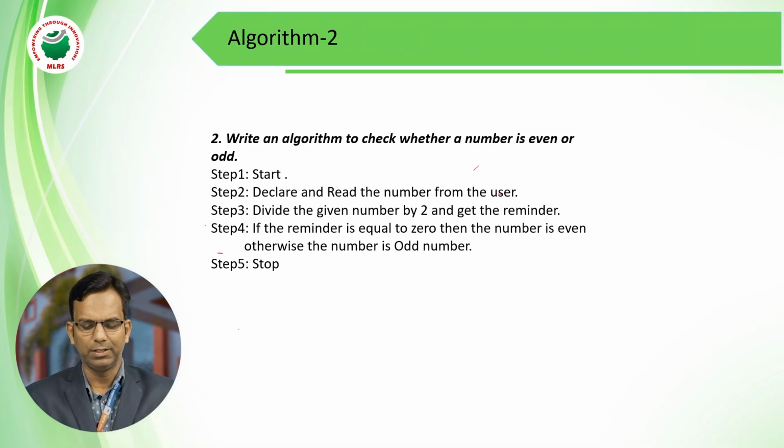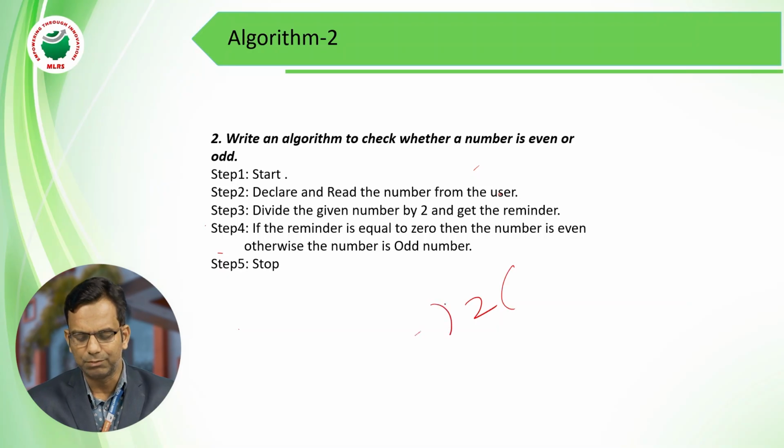The second example I have given is: write an algorithm to check whether the given number is an even number or not. To identify this, I gave the steps like this: step 1, start; step 2, declare and read the number from the user and divide the number. You divide the number by a specific value, and the remainder should be 0.